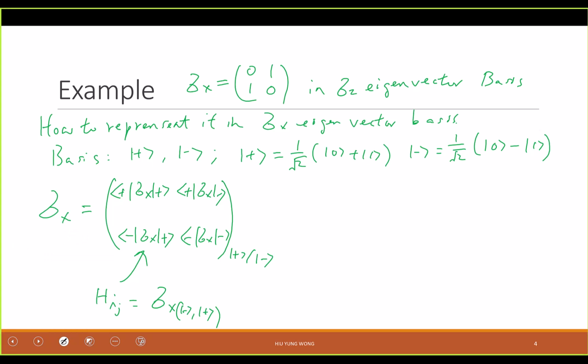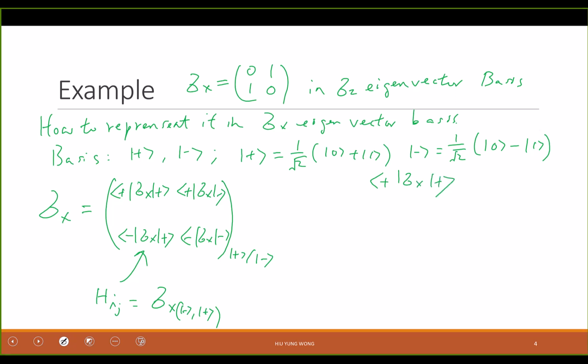So how do we evaluate it? It's easy. Let's just try. What is plus sigma x plus? Right? It applies to itself. Now, I'm going to use the sigma z basis to help me.